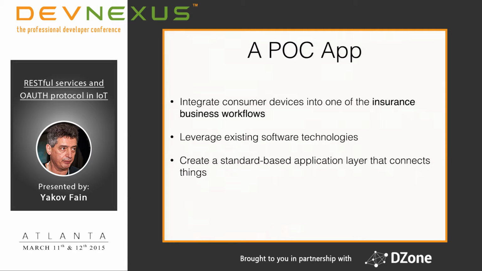Do you understand the idea? Measure, it'll go over the internet to their vendor server using their protocols, I don't know what. Then my application will use REST, will use OAuth, will use push, will use WebSockets, and we'll get the data into our system. So that was the idea.